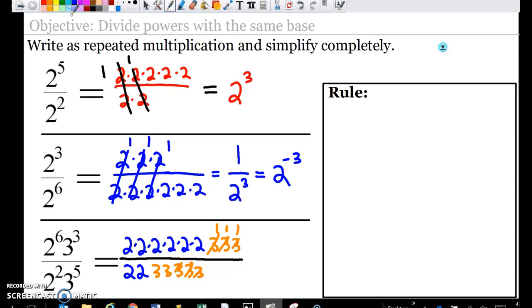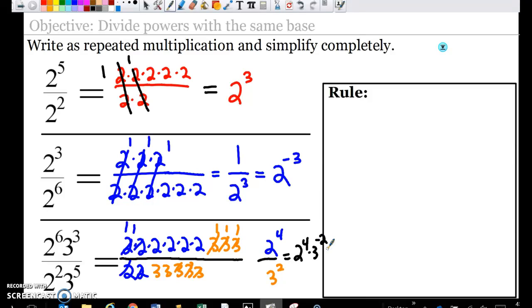And 2 of the 2's will divide out to make 1 as well. So I'm left with 2 to the 4th on top, my mistake, and 3 squared on the bottom. Okay, which ends up getting 2 to the 4th times 3 to the negative 2.